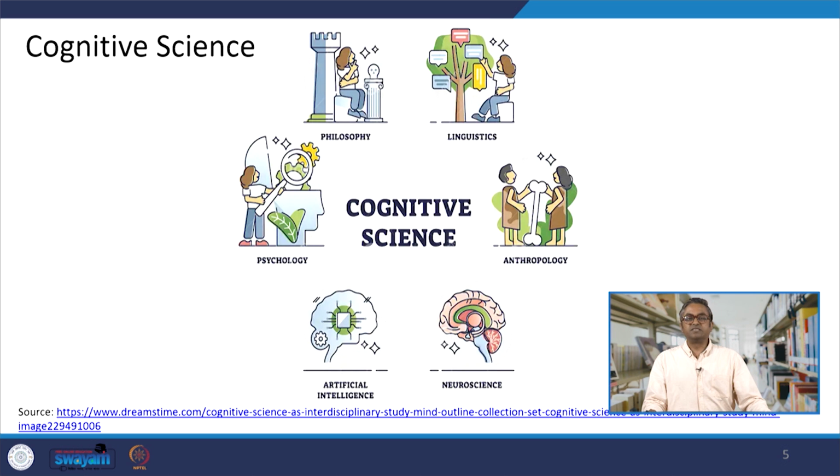Hence, the disciplines came together: philosophy, language, anthropology, neuroscience, artificial intelligence, and psychology. This multidisciplinary field is known as cognitive science.